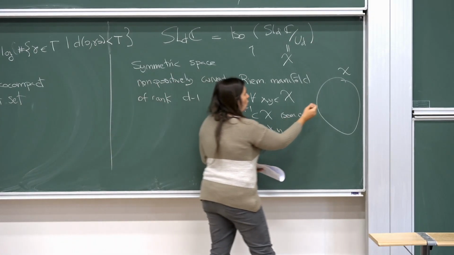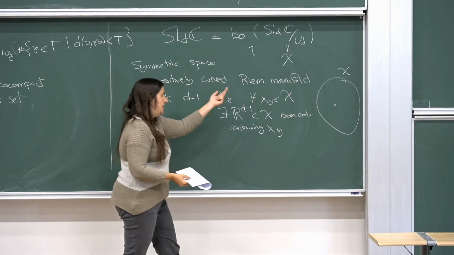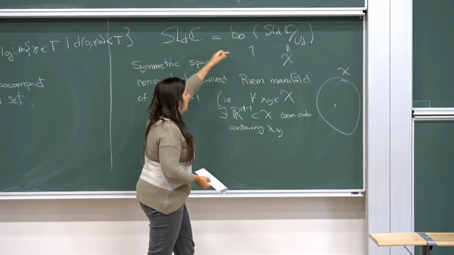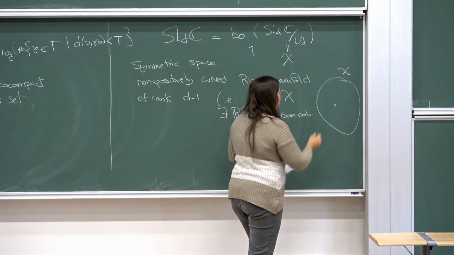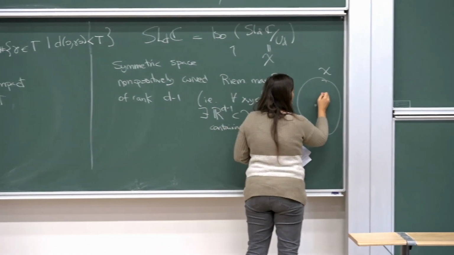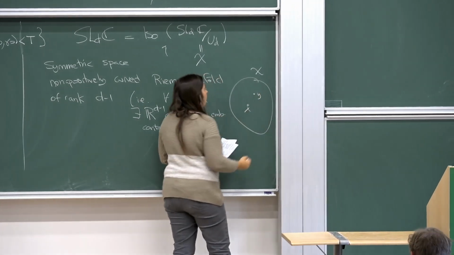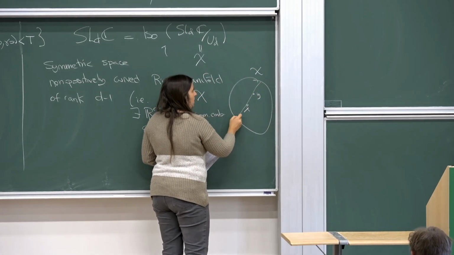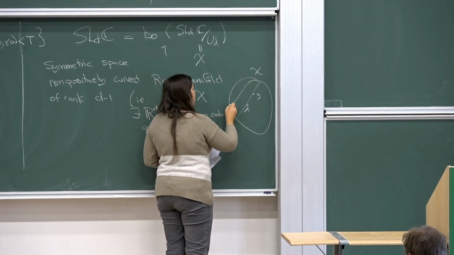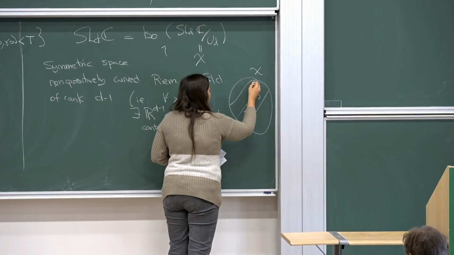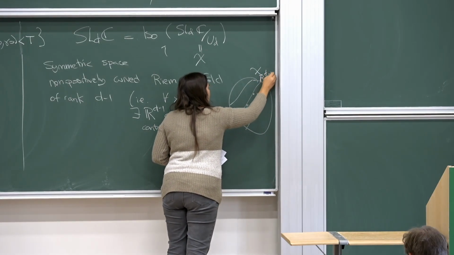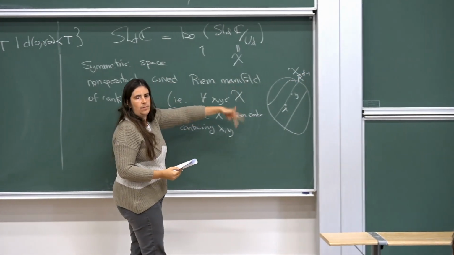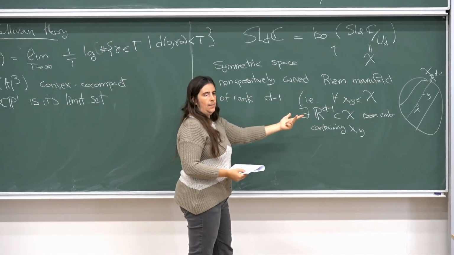So if I take 2 points, the symmetric space is still a ball of dimension that depends on d, and for any 2 points x and y there is, of course, a geodesic connecting them, but there is always at least one copy of R^(d-1), so a flat subspace of dimension at least 2, that connects them.